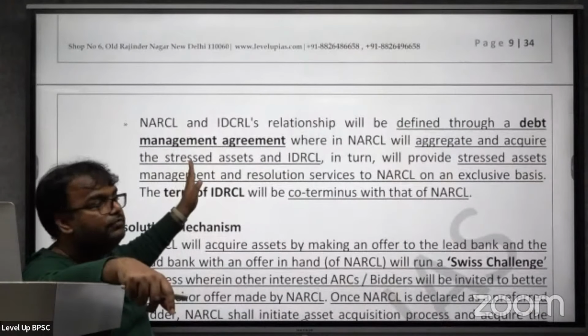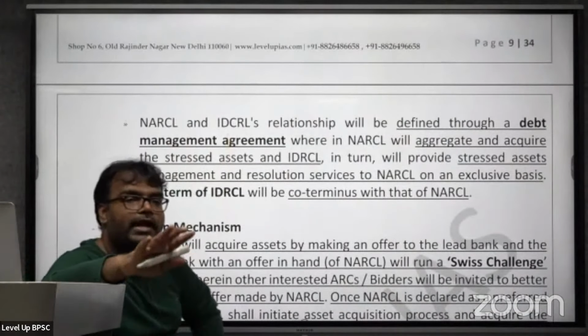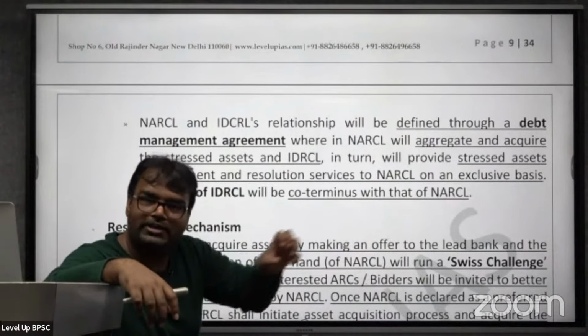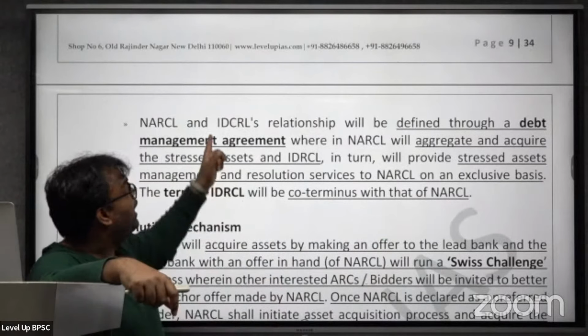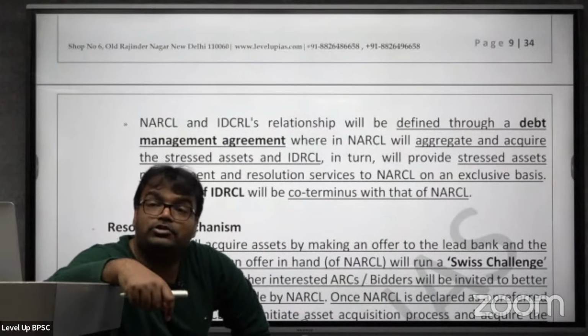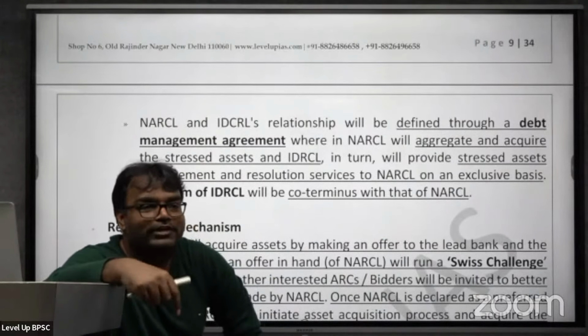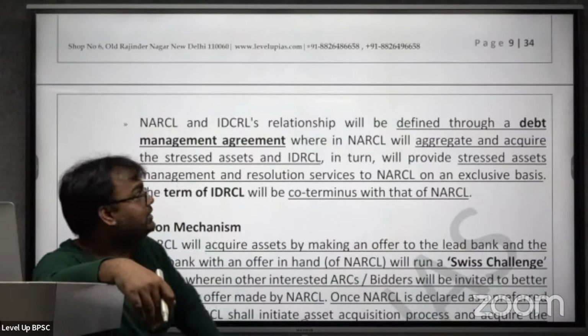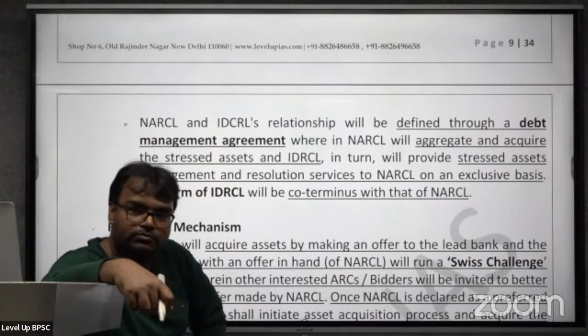Now, the relation between NARCL and IDRCL: NARCL was responsible for acquiring the bad asset. IDRCL is responsible for resolving it. Whether it is liquidating, selling, or recovering, it is this body IDRCL which will be responsible for doing it.